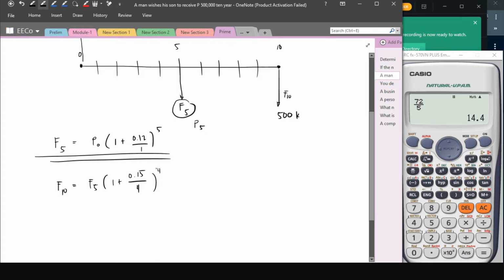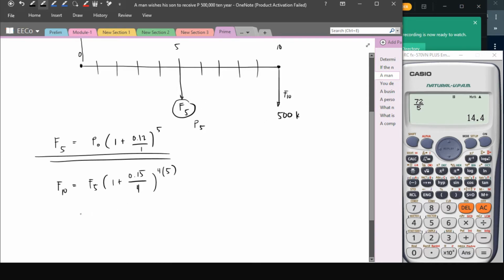Okay? 4 times M. Hindi. 5 taon lang pala. 5 taon. That is 5. For 5 years.